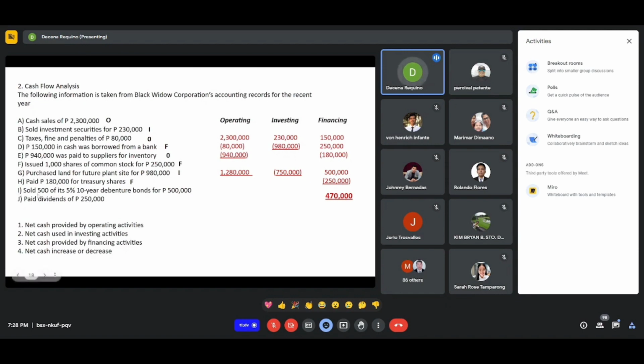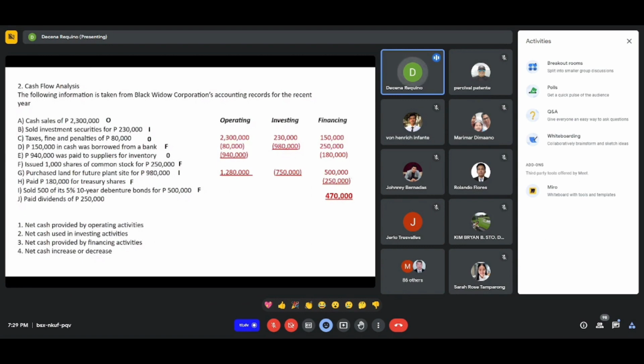And then yung letter I, sold 500 of its 5% 10-year debenture bonds for 500,000. Financing siya kasi long-term liabilities yung transaction. Bonds siya. So, nagbenta ka, so naka-receive ka ng cash na 500,000. So, mag-a-add ka ng 500,000 dito under financing activity.